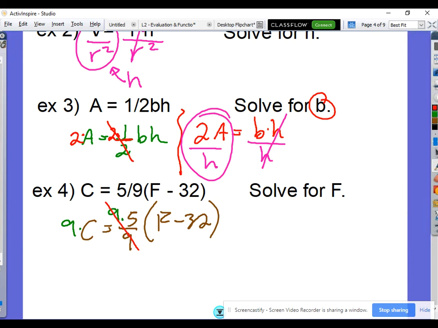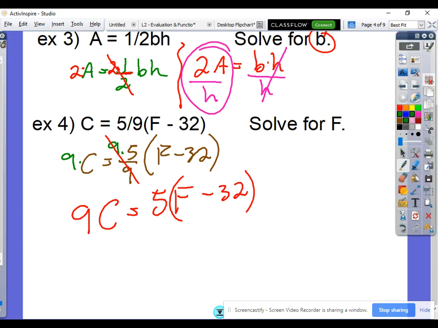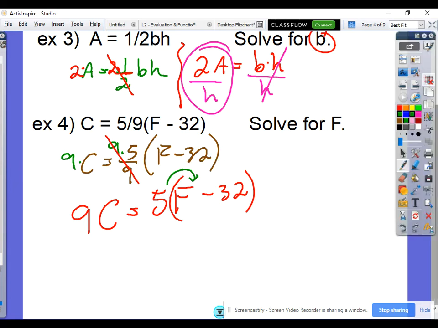So I now have, let's give myself some more space here, 9c equals 5 times f minus 32. And now you have two choices here. You could distribute the 5 like this. You could multiply by 5 on both and distribute that 5, which is okay. But I actually would encourage you to say, well, what operation is that?